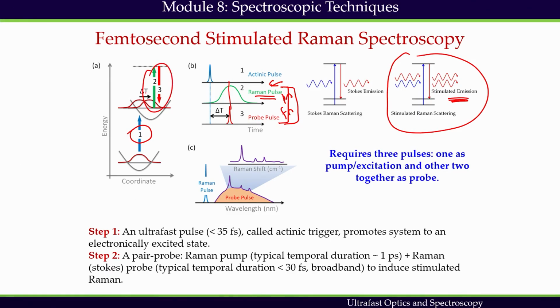These two pulses are overlapped in time, which means that these two pulses are kept at delta tau 0. One of them is called Raman pump pulse with temporal duration 1 picosecond, and another one is called Raman probe pulse with temporal duration less than 30 femtosecond, broadband. This pair of pulses induces stimulated Raman scattering, and this is why a gain is observed in the Raman probe beam.